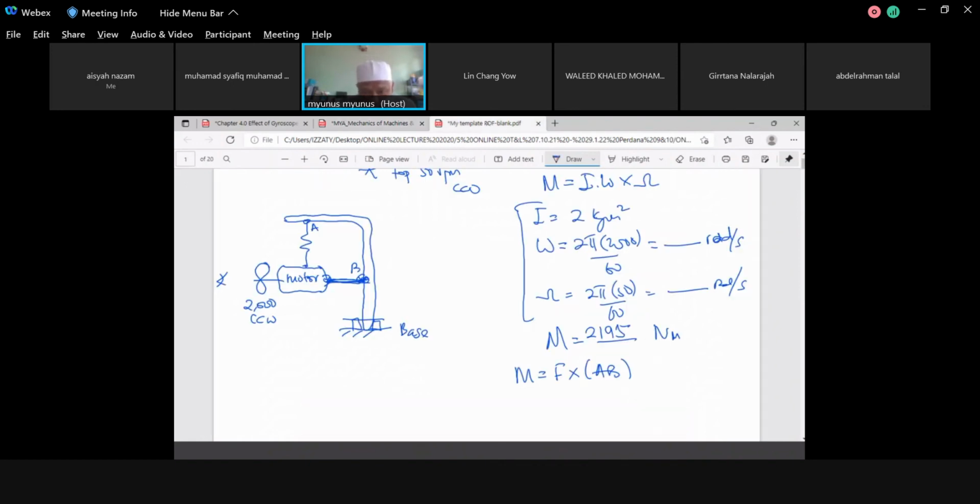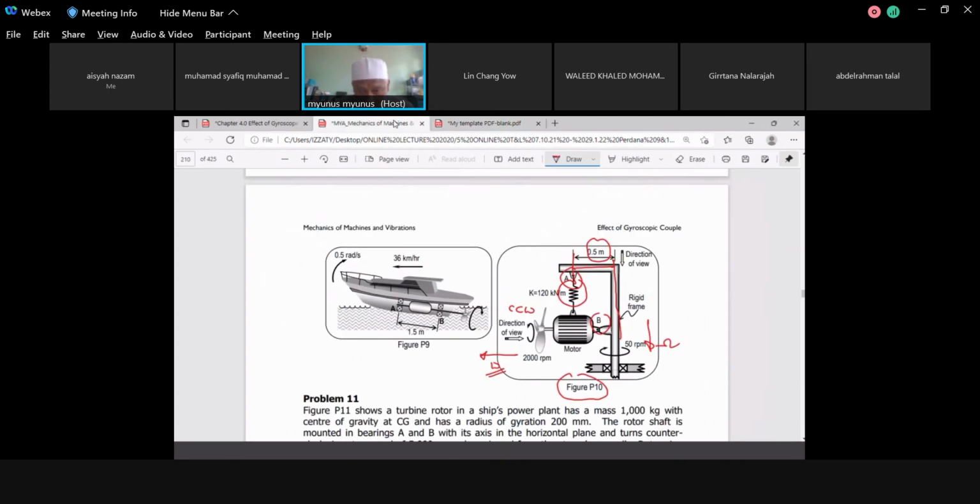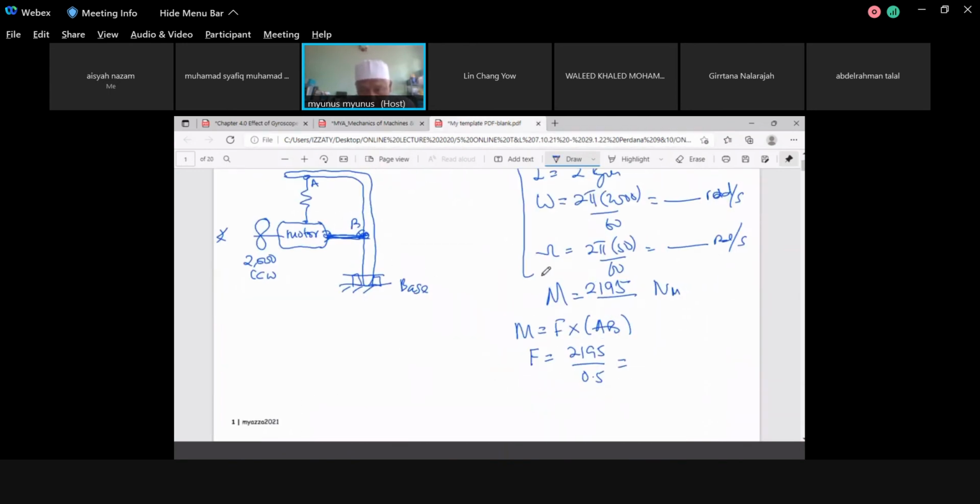So the F now is equal to 2195 divided by 0.5, so that will give you twice, about 4,390 Newton. Correct? Am I correct? Yes or no? Yes. Okay, this is F. So now you know what F is.